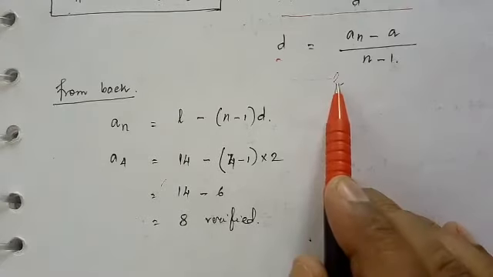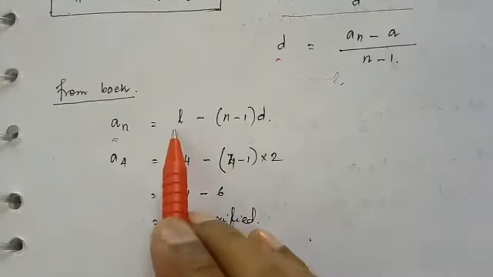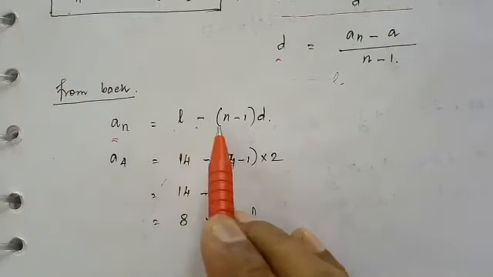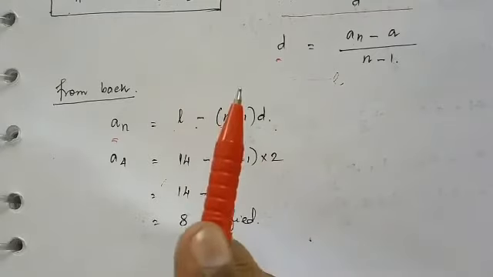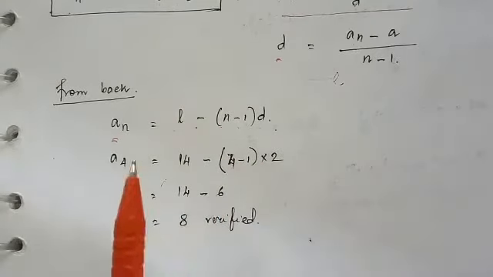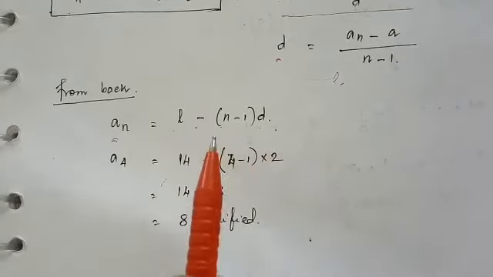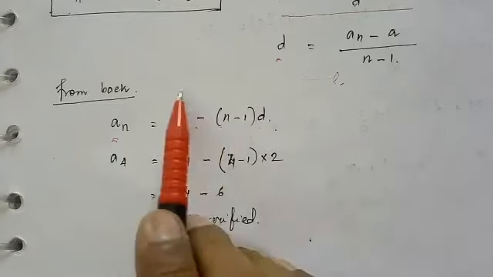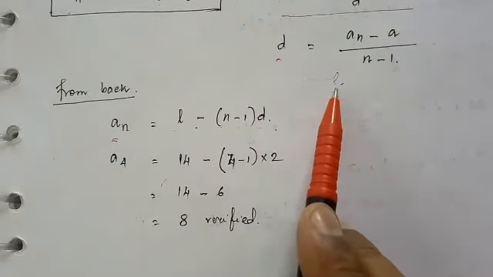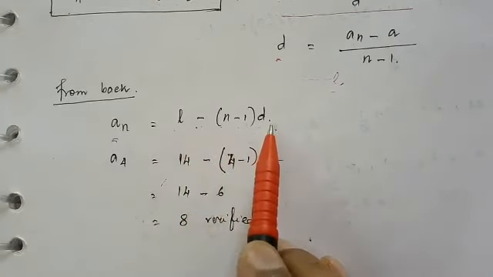So from the back, the nth term an is equal to L minus (n minus 1) into d. Recall the previous one, forward: an is equal to a plus (n minus 1) into d. But since it is from the back, the last term becomes the first term, so it is L minus (n minus 1) into d.